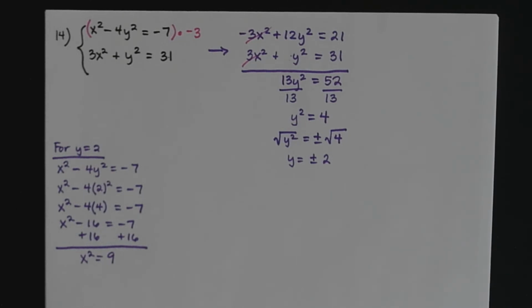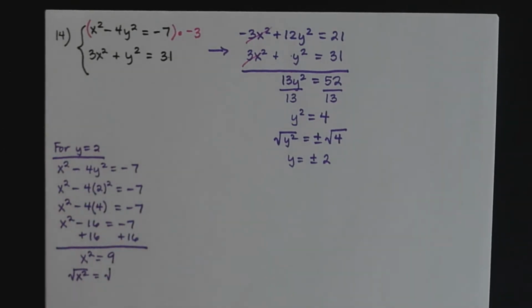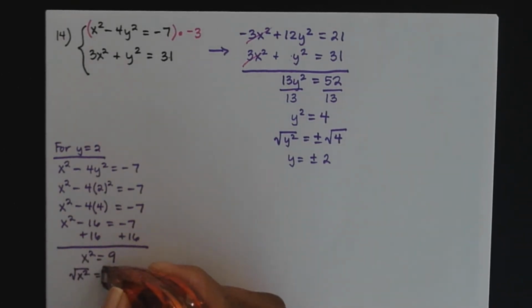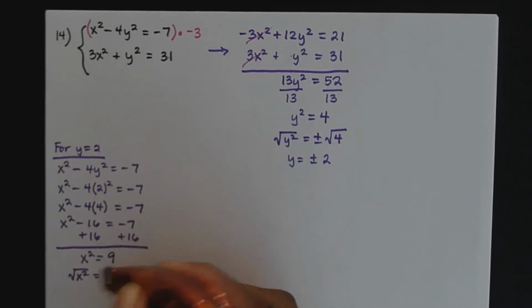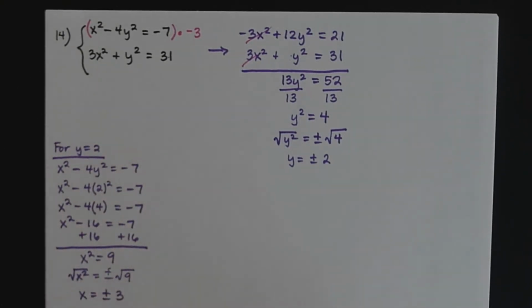And then the opposite of squaring something is to take the square root on both sides. So I need to get x by itself by taking the square root on both sides. And I also need to include that plus or minus symbol. So that means x is equal to plus or minus 3.